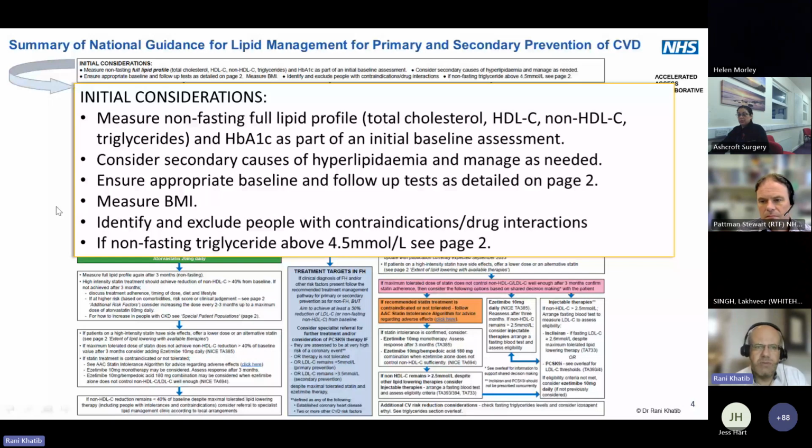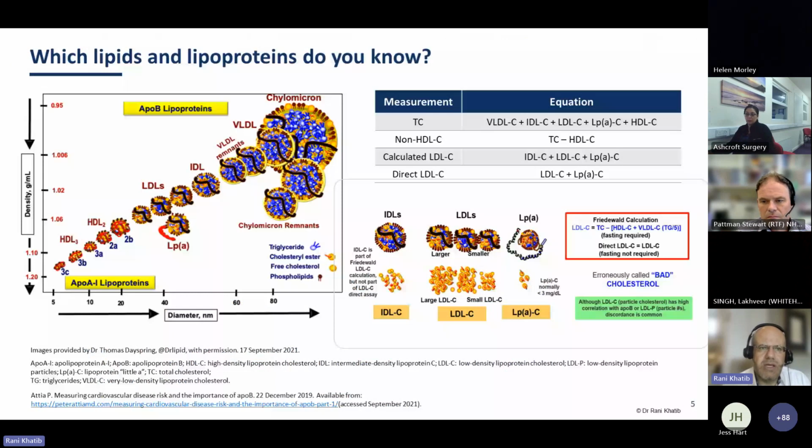The first thing to remember is that lipids or lipoproteins are quite complex. As you can see from this picture, by no means do I want you to remember everything in here, but I wanted you to see that we've got different lipoproteins which include within them, of course, cholesterol and triglycerides.